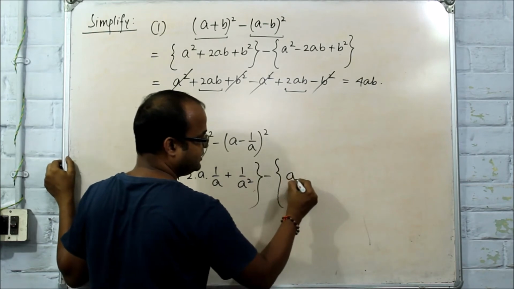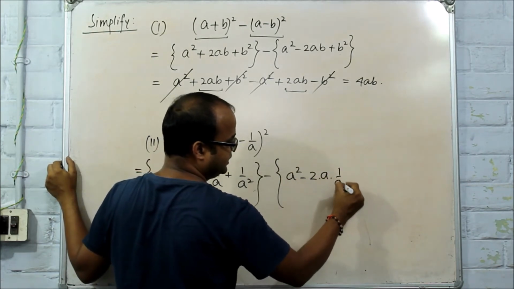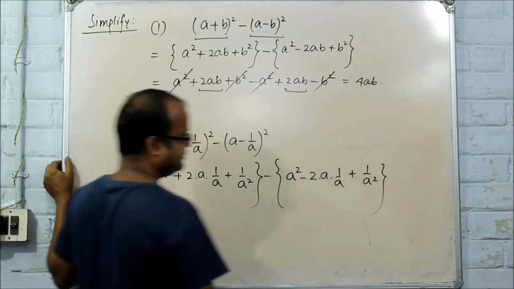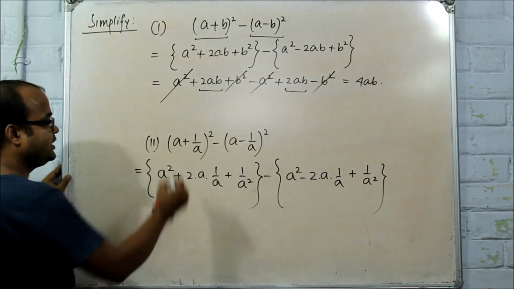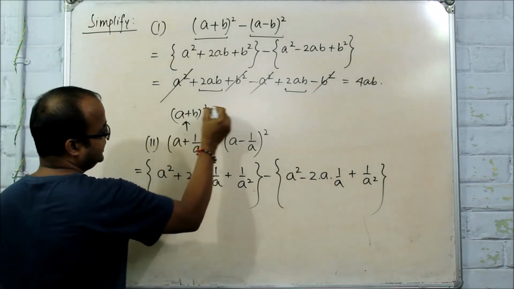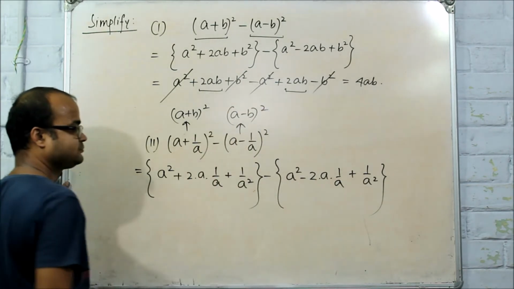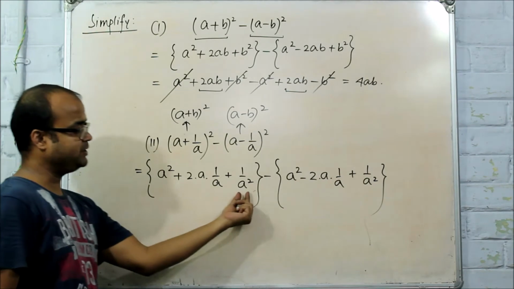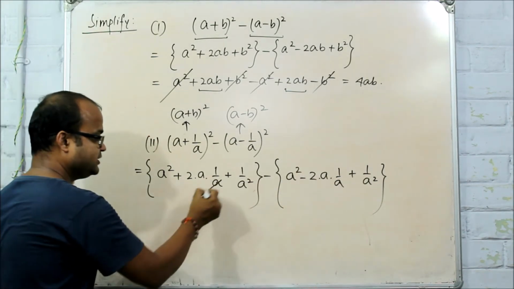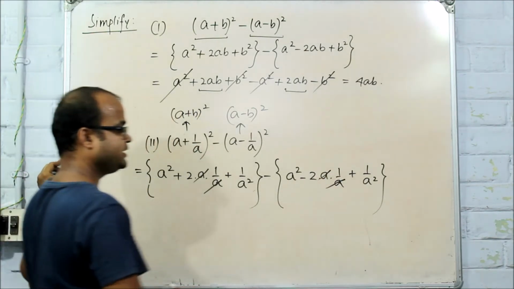So a square minus 2 into a into b plus b square. Here we are using the formula a plus b square, and here we are using the formula a minus b square. So a square plus 2ab plus b square, a square minus 2ab plus b square. So this a and a will get cancelled.